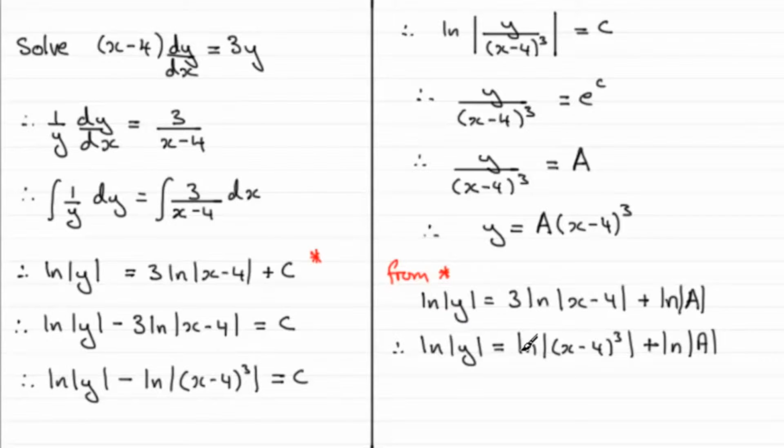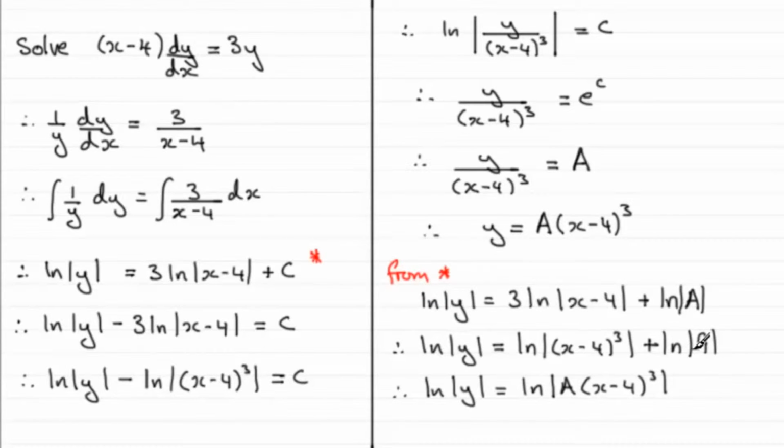Now we have just a log plus a log, no number in front of any of these logs, so we can group them together using this addition rule, which turns out to be the log of the mod of y equals the log of the mod of a multiplied by x minus 4 all cubed.